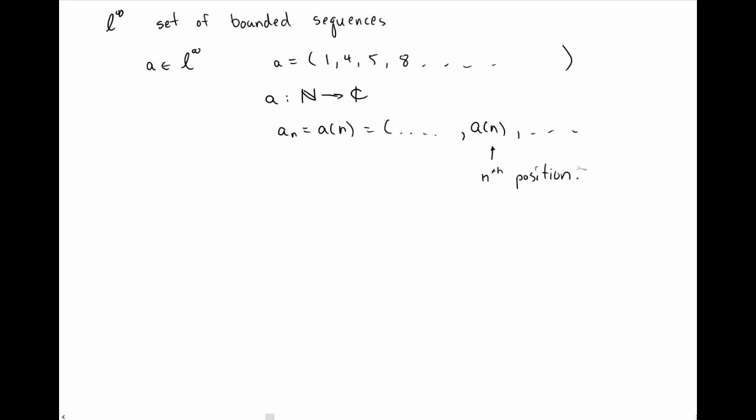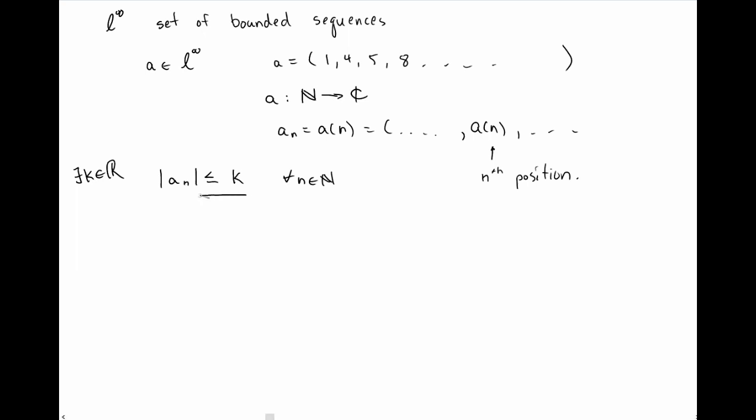And in order to have boundedness, we must have that the absolute value of an is less than or equal to k for any index, and there's a k in the real numbers such that this is true.